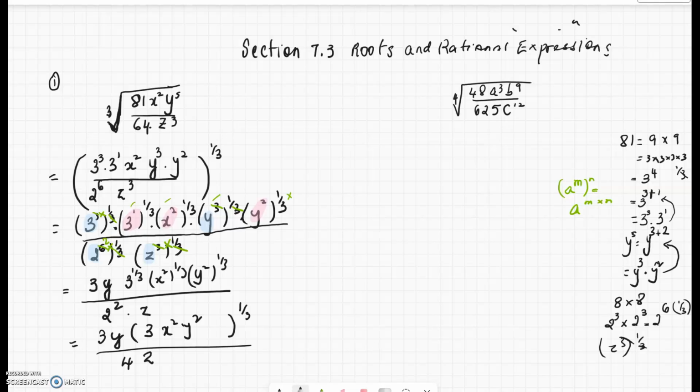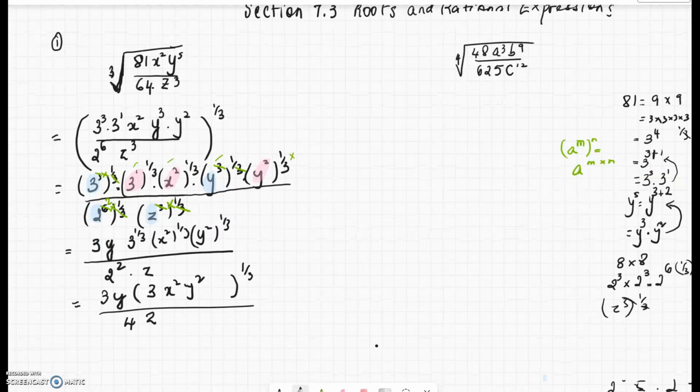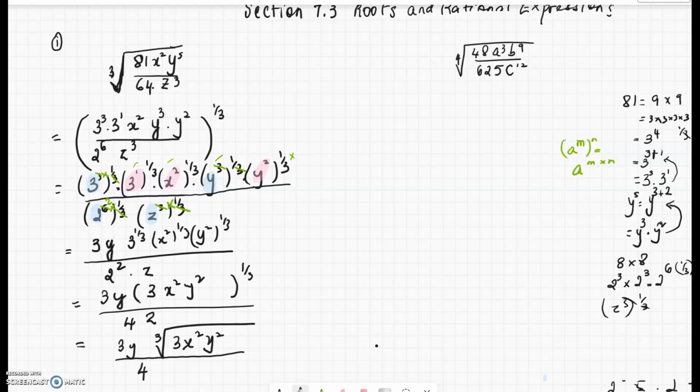And now this is equal to 3y, the cube root of 3x squared y squared. That's the best way in which we can write this based on the question. And then we have 4z in the denominator. Now let's look at the next one.